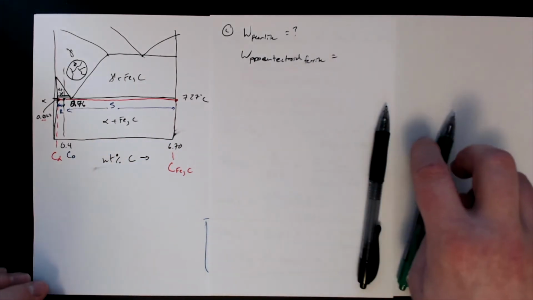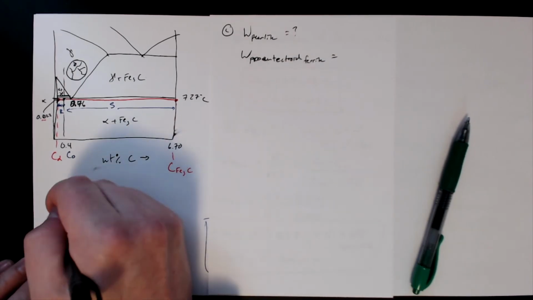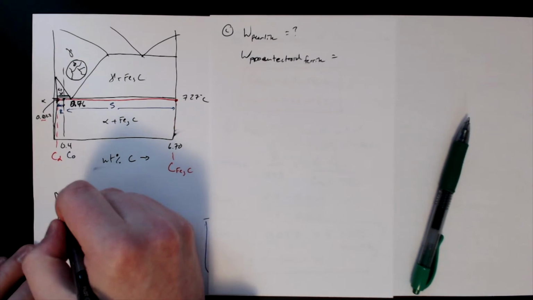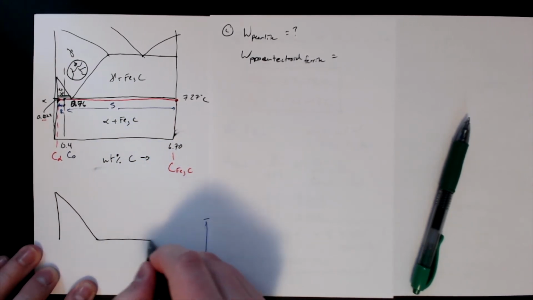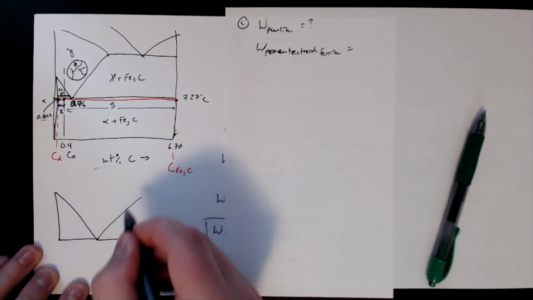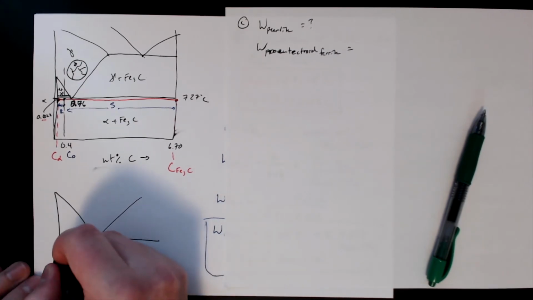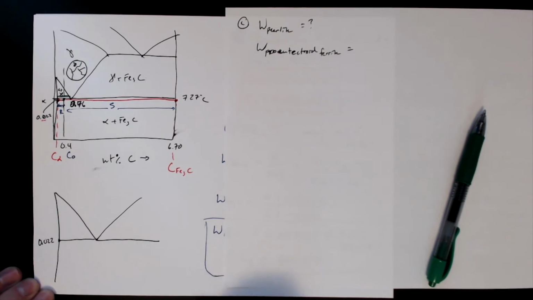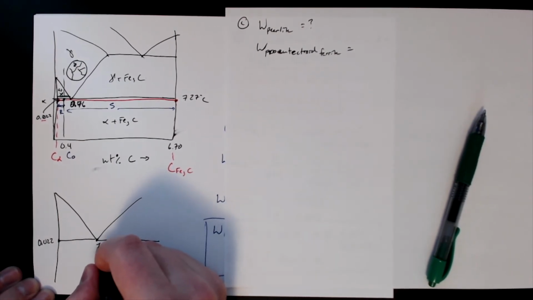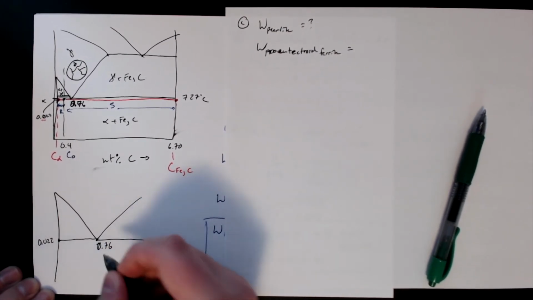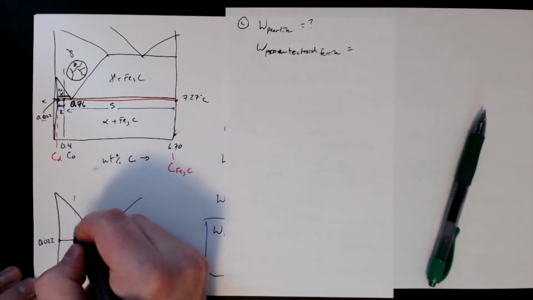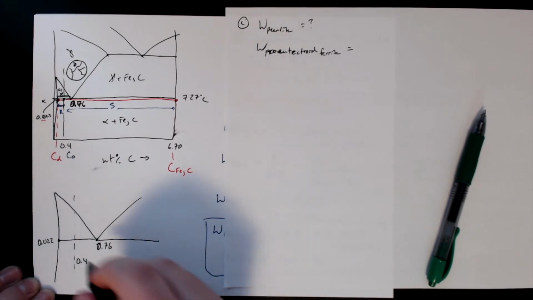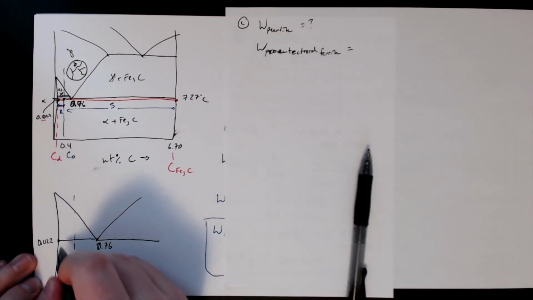And so let me blow this up a little bit so that I can show this region better, hopefully. So that's this point. This is 0.76. This is our alloy of 0.4. And then we're going just above the eutectoid.